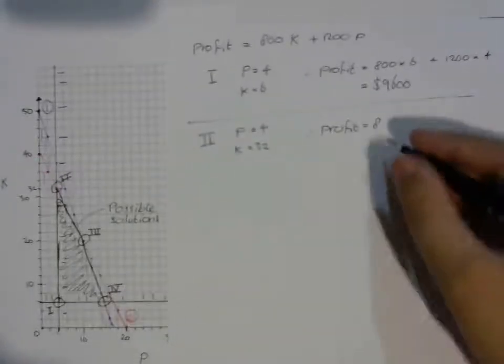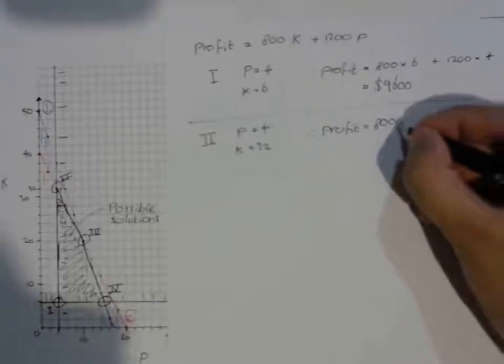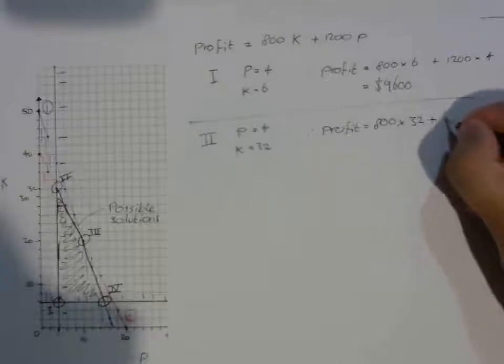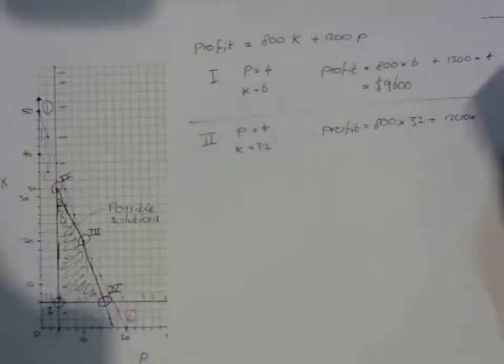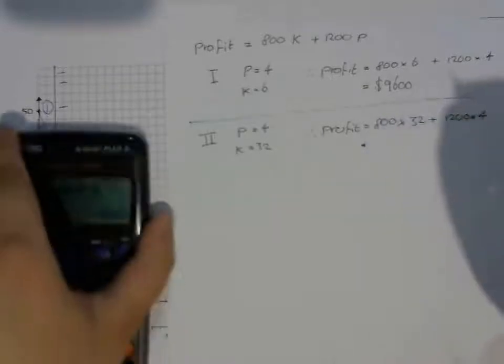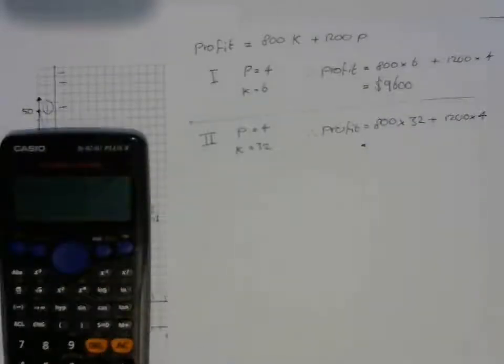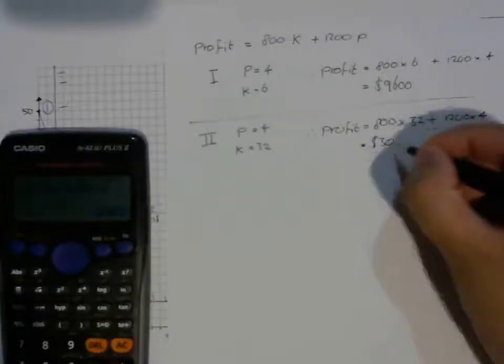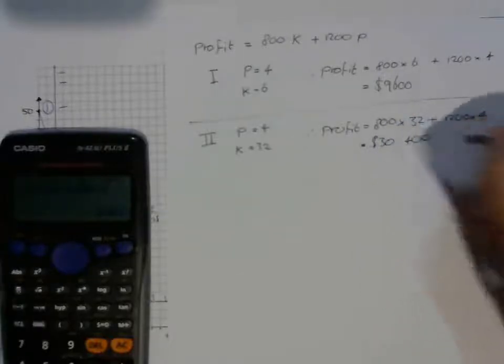There we go. 800 times K, which is 32, plus 1,200 times P, which is 4. 800 times 32 plus 1,200 times 4 equals $30,400.